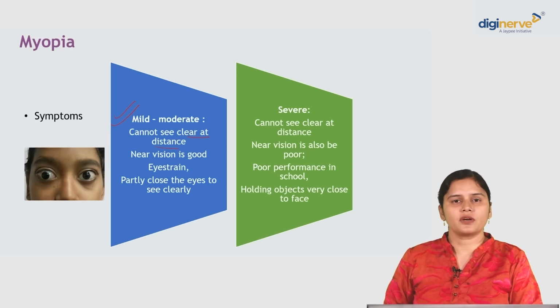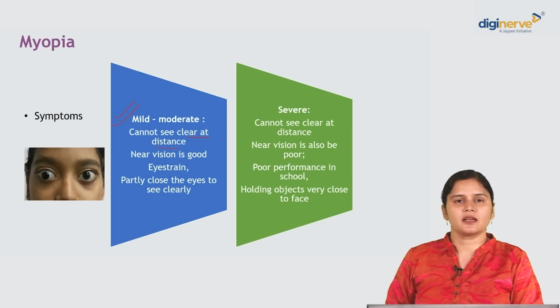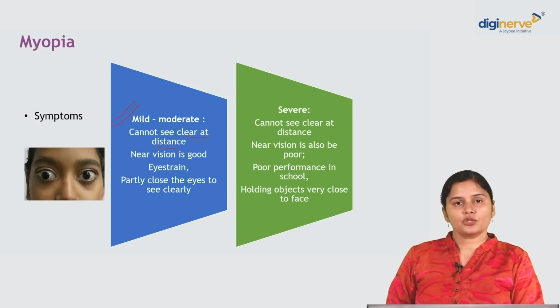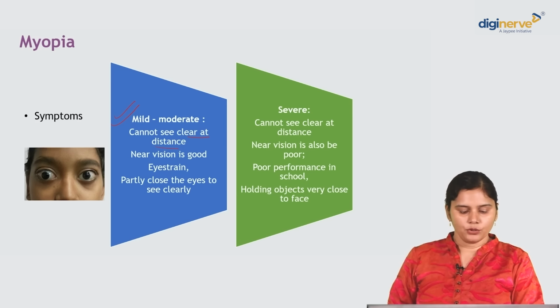He has to sit in the front seat to see what is clearly written on the blackboard. This is the most common complaint that you will get in children who are studying in class 8, 9 or 10. When they start developing myopia, this is the most common symptom of mild to moderate myopia.